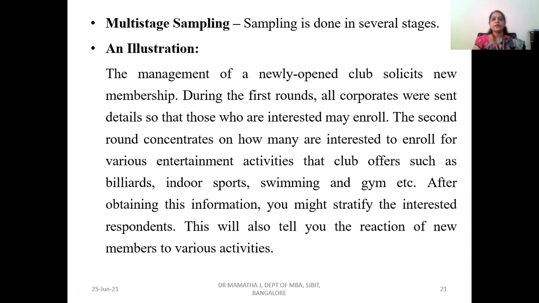That will be in the first round. In the second round, they again ask the enrolled people about the other activities in the club like billiards, sports, swimming, gym, etc. So they keep on classifying the clusters based on different characteristics. This is called multi-stage sampling.